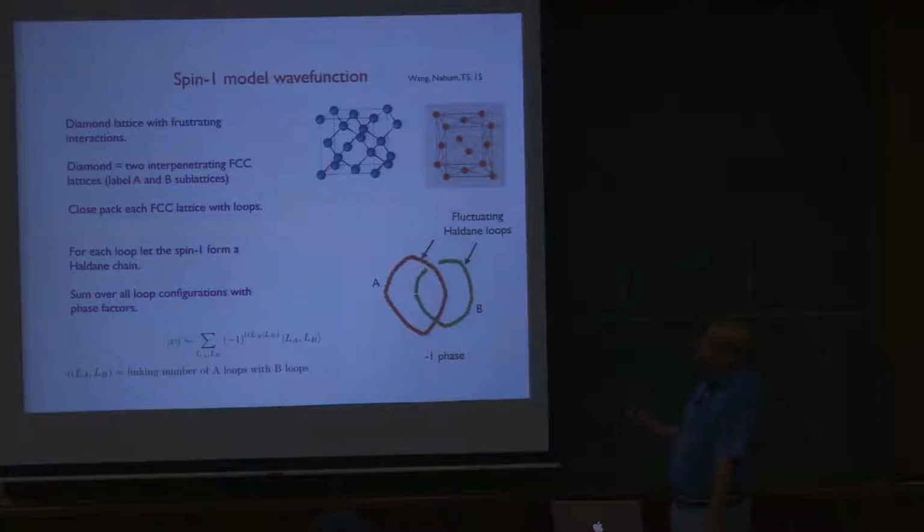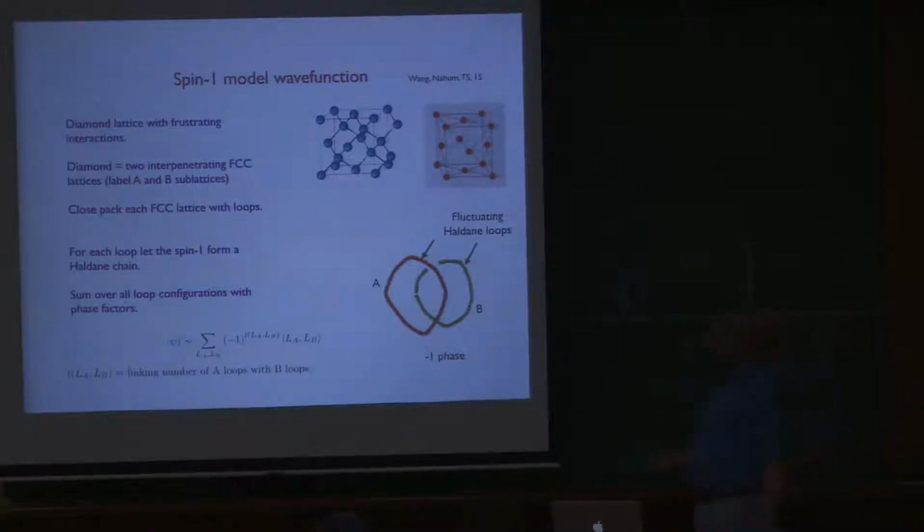So what we're going to do to write down a wave function is to imagine close packing each FCC lattice with loops. Each loop, a close packing, means that every site of the lattice is visited once by a loop. And then at each site of the lattice we have a spin 1 magnetic moment. So for each such loop packing, we let the spin 1s in the loop form a Haldane chain.